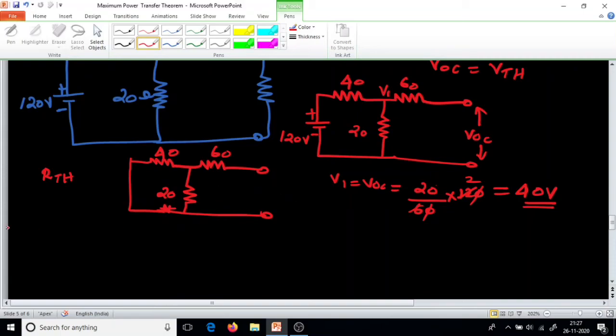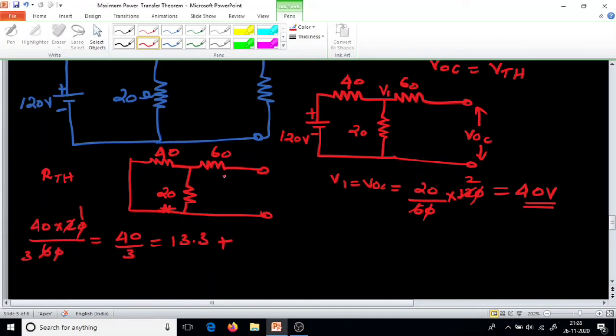Total resistance: 40 ohm in parallel with 20 ohm will give you 40 multiplied by 20 divided by 60, which is 40 by 3. 40 divided by 3 gives 13.3 ohms.